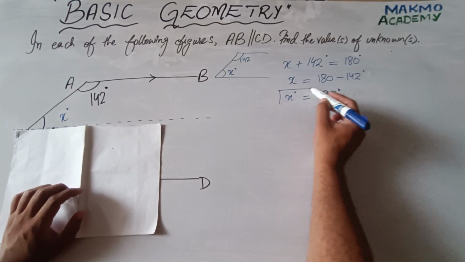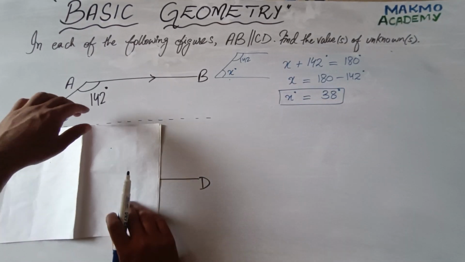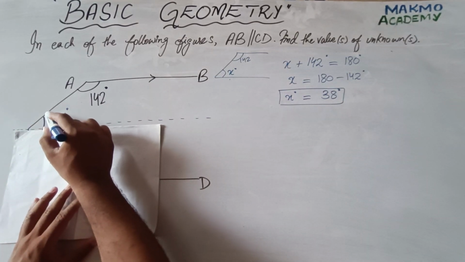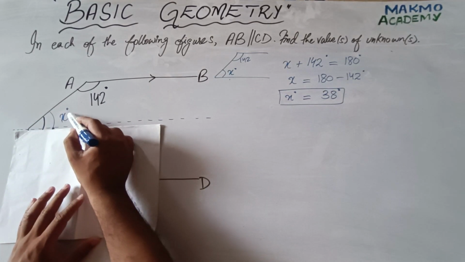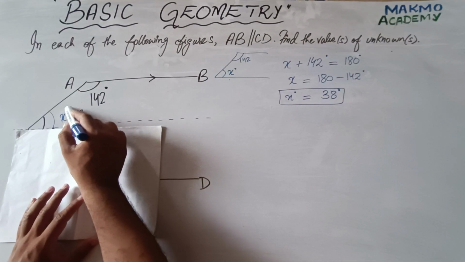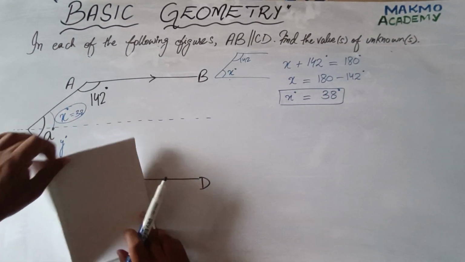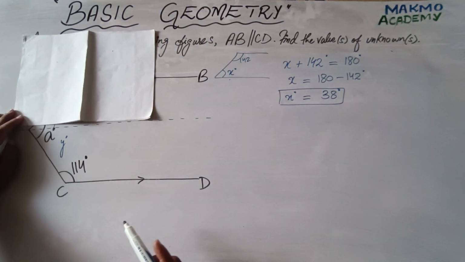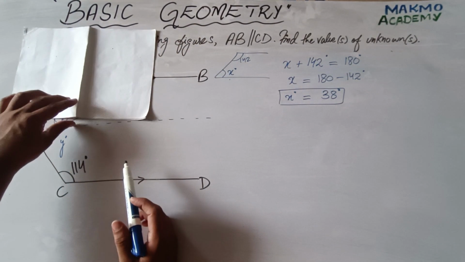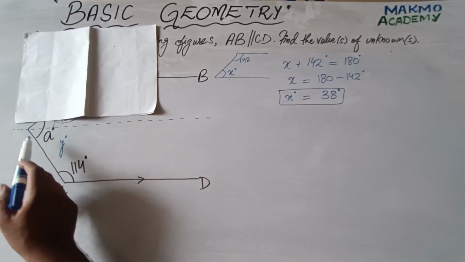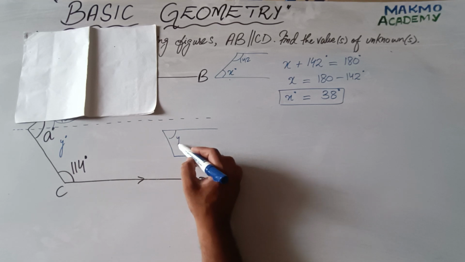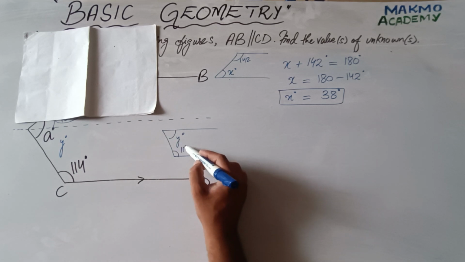Now I got the value of X. In the same way I will find Y. So I have found this much angle, X is equal to 38 degrees. Now in the same way I will hide the rest of the figure. Now you can see that again it is making the letter C. This is your angle Y and this is angle 114.